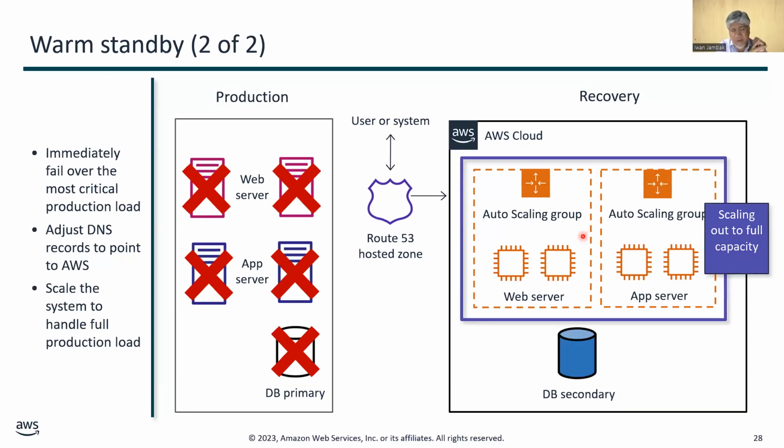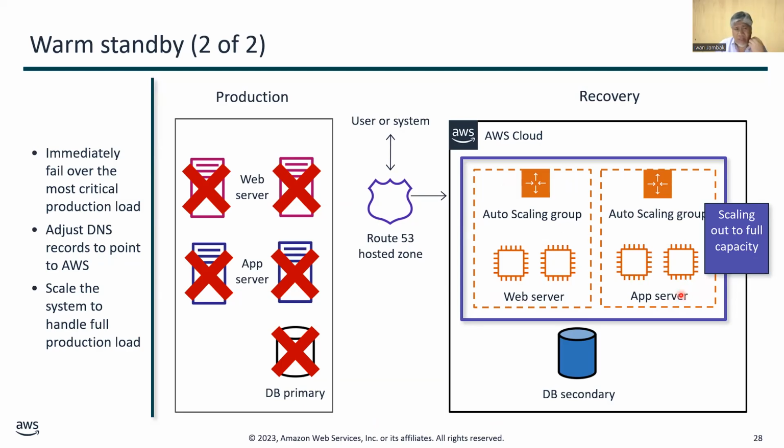You see the difference? It can scale up to full capacity when it's needed. Meaning that when there's a problem with our system, it will automatically go to full capacity.